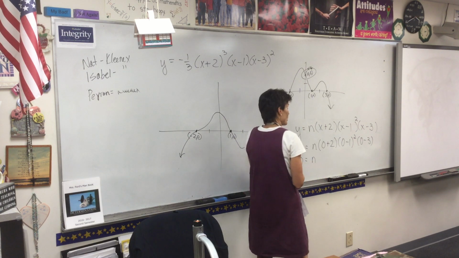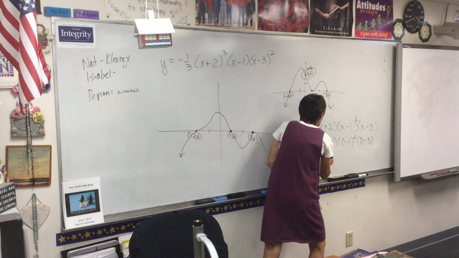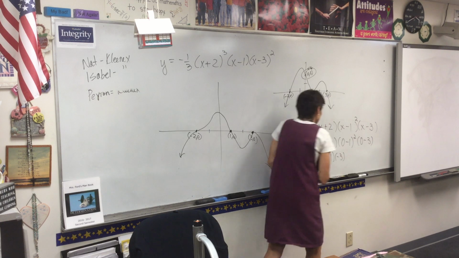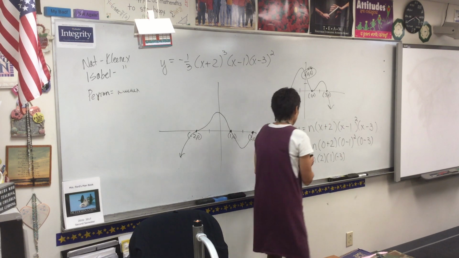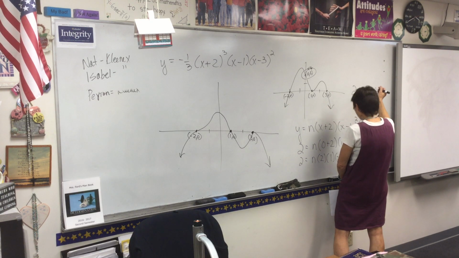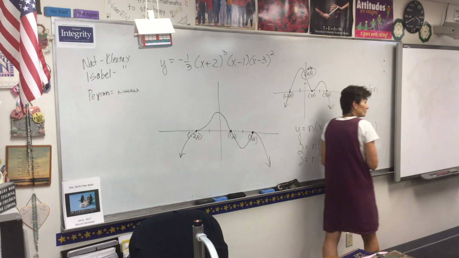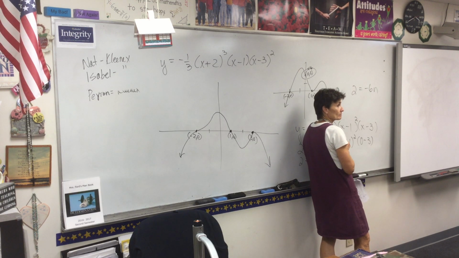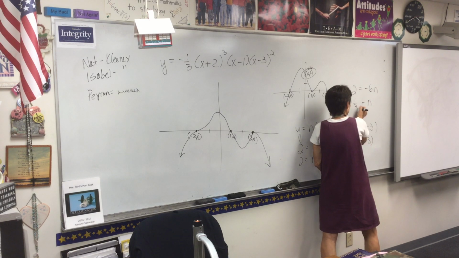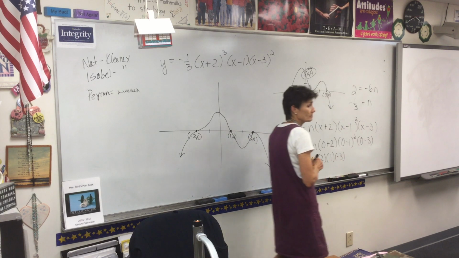Mm-hmm. The coefficient. So that's 2, that's 1, that's -3. -6. So 2 equals -6n. So n equals -1/3.